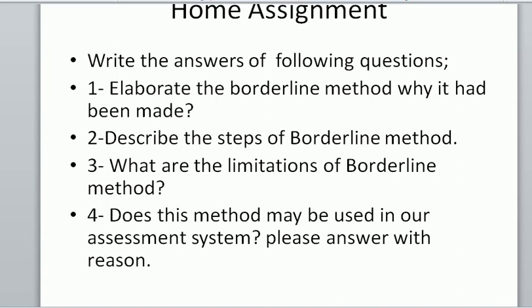And in my next session I will be with another method of standard setting, because this unit number 3 is still carrying on, and I suggest you please study this method carefully and answer the questions given in your home assignment using your study of the chapter.